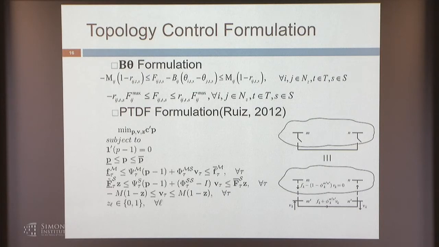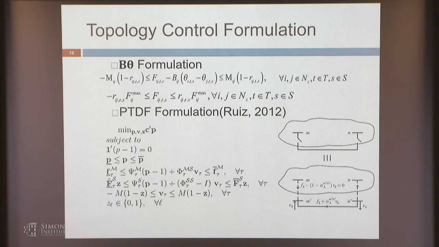Basically, you relax. There is a big-M theta formulation. Usually, the flow is the susceptance times the phase angle difference between the two nodes on an edge. What we want is a binary variable r that says whether the line is in or out.